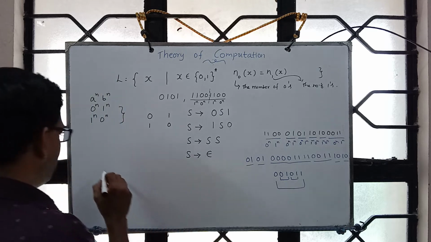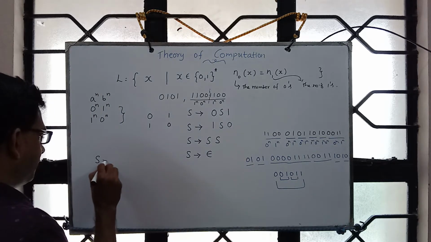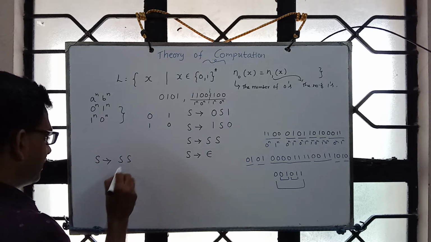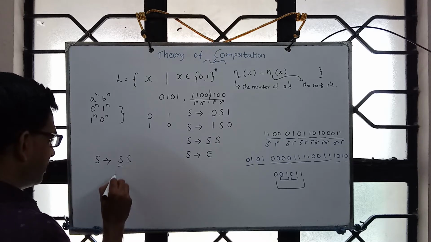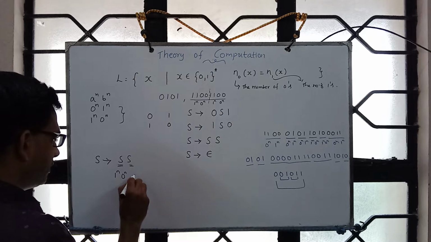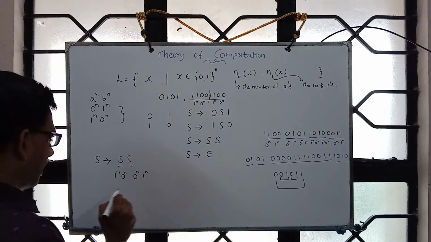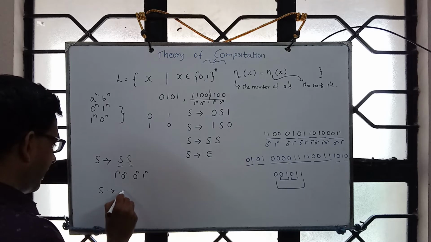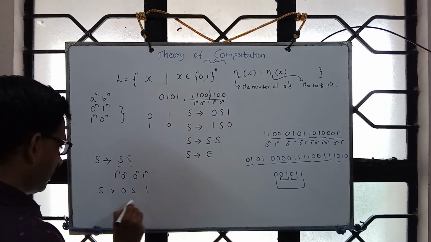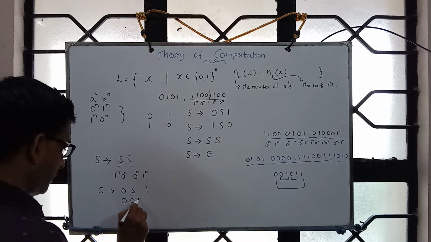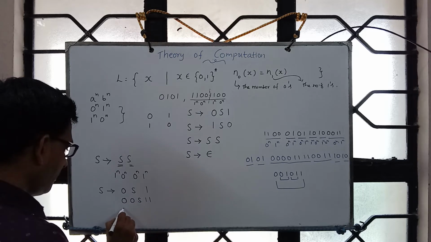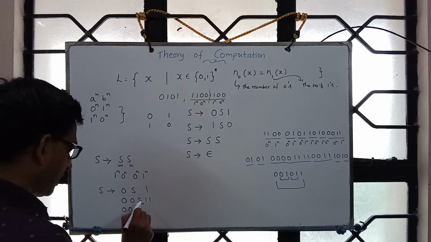So that's all. Now if you want to test drive, say take S implies SS, now use this to generate 1 power n, 0 power n, and use this to generate 0 power n, 1 power n. Or S implies 0 S 1, again 0 S 1, and now you can have whatever you want.